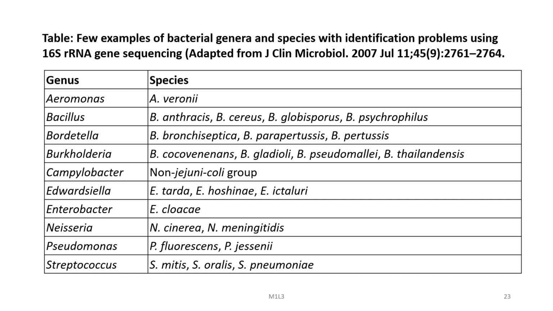You have various genera like Aeromonas, Bacillus, Bordetella, Burkholderia, and Campylobacter, and some of these genera have many species which suffer from this kind of limitation, like in Bacillus you have Anthracis, Cereus, Globisporus and Psychrophilus.